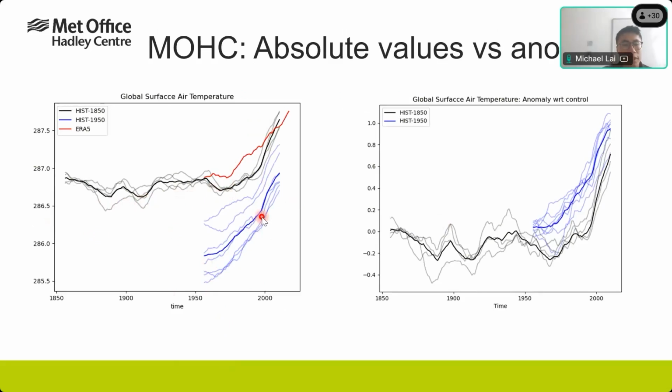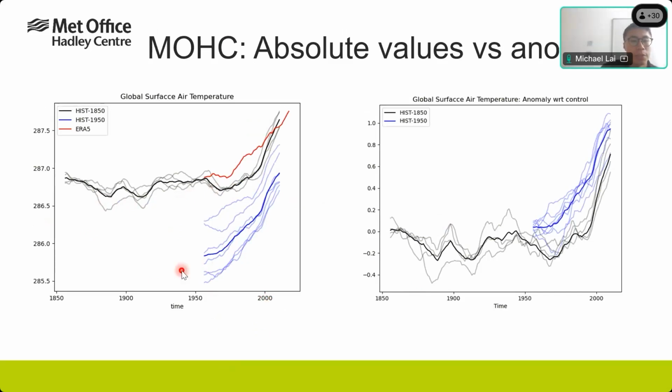Just another thing to point out, these results are all shown for the low resolution version of the HiGEM3 model. So the only difference between the black and blue line here is the experimental protocol. The resolution is the same. So although it's HighResMIP, it's the same resolution.